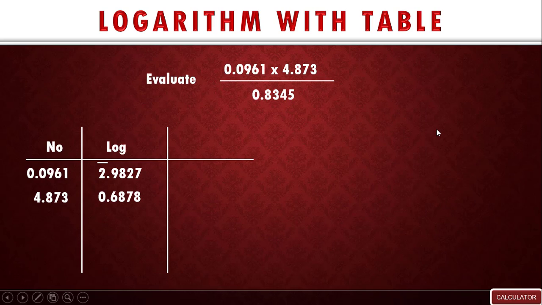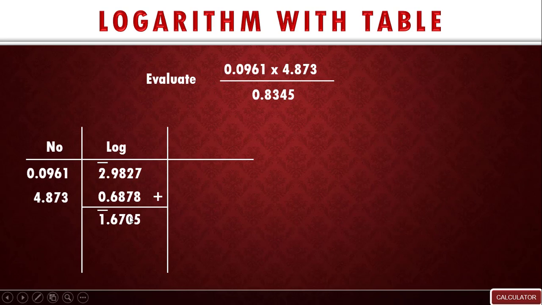Our multiplication law says that after determining the logs, you need to add them. So we add them. 7 plus 8 gives us 15. We write down 5 and carry 1 to the next stage. 1 plus 2 is 3. 3 plus 7 is 10.